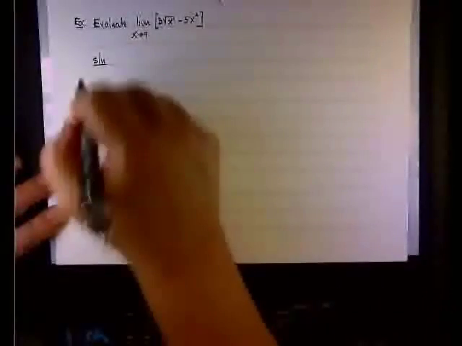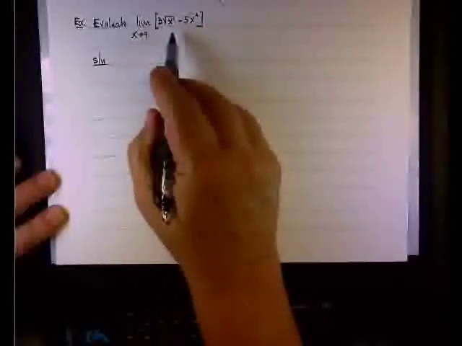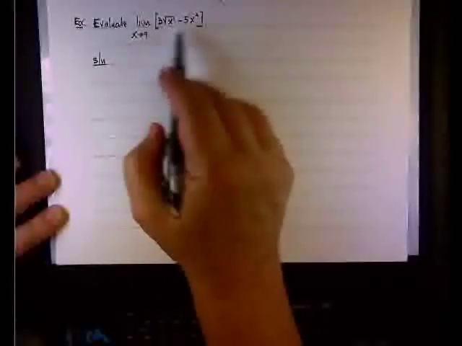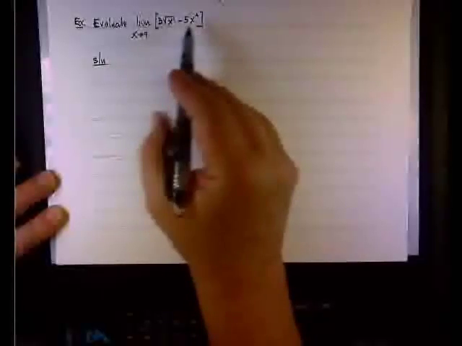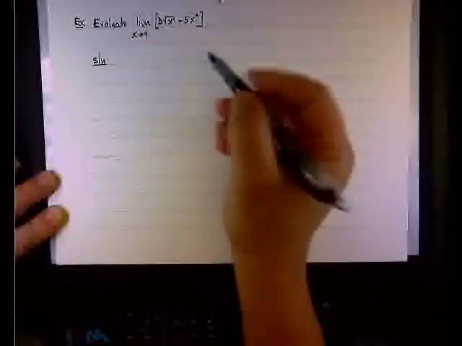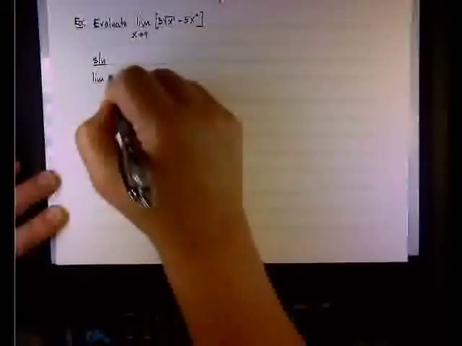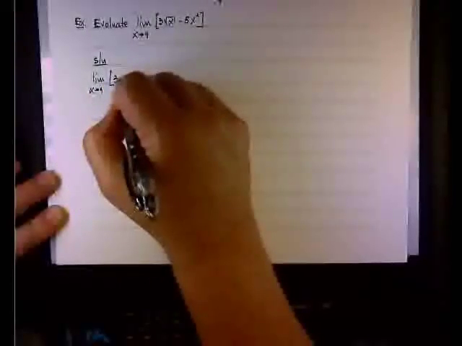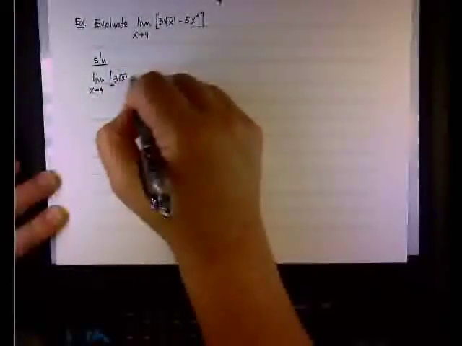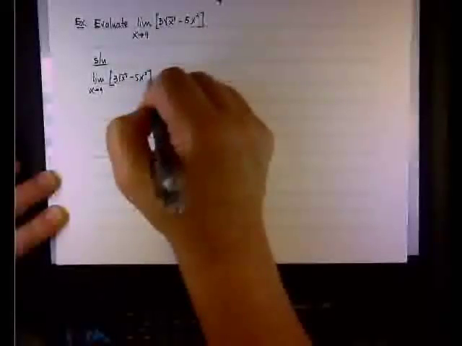Well, the first step will be to do the what? Break it down to 2 limits, right? Use the difference law. So let's write the limit as x approaches 9 of 3 square root of x, and I'll do one line for each step.